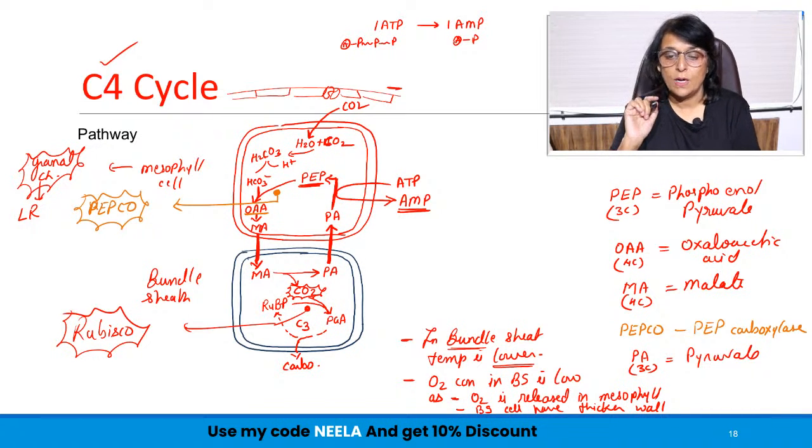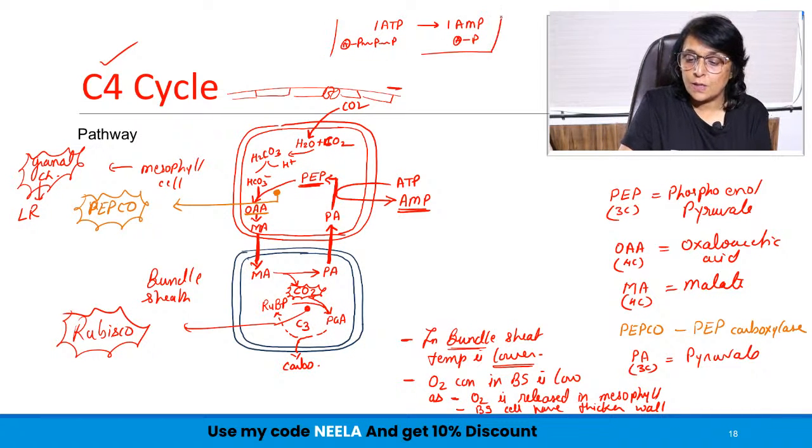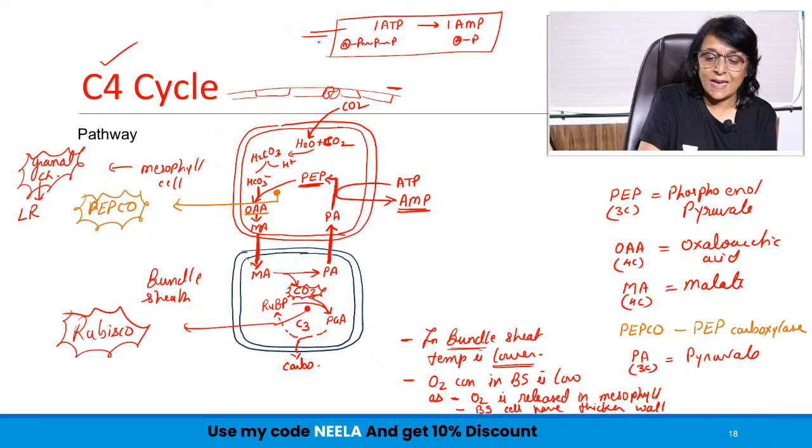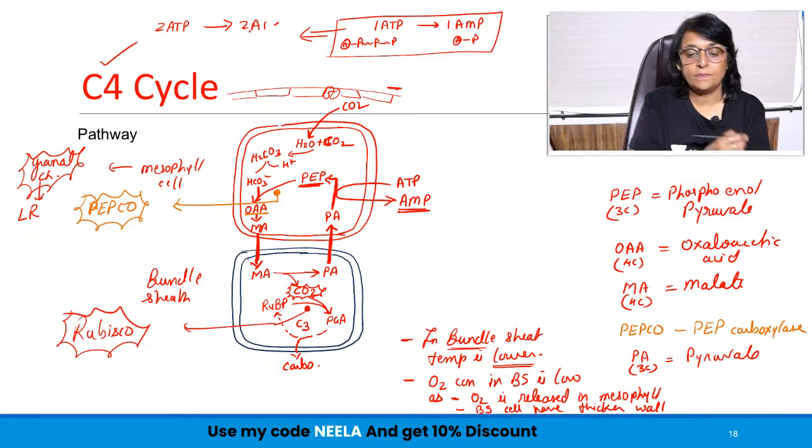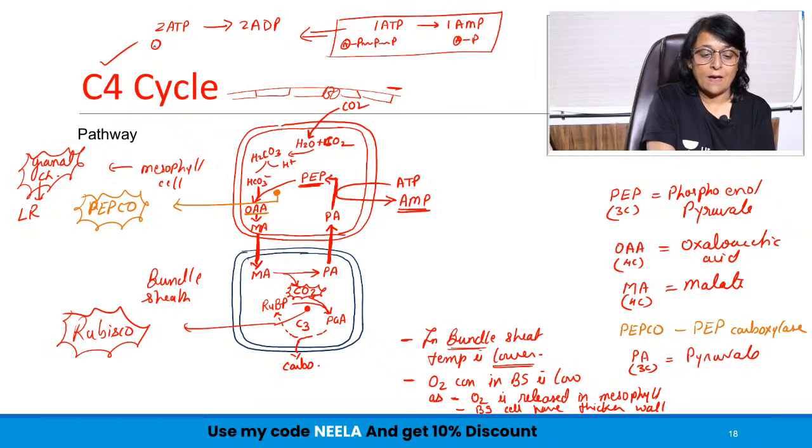2 bonds are broken. For our calculation, can this be written as 2 ATPs changing into 2 ADP? Here we have 2 molecules of adenosine triphosphate, and after this reaction we get adenosine diphosphate.